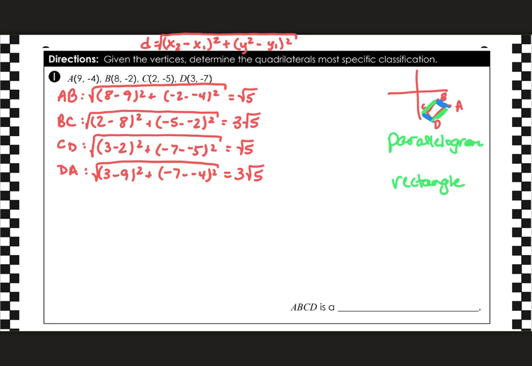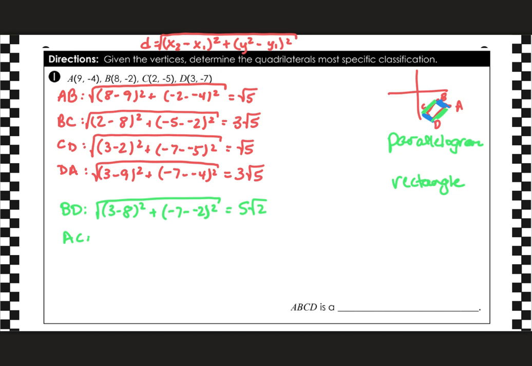So now I need to do BD. So B and D. I'm going to do 3 minus 8 squared plus negative 7 minus negative 2 squared. That gives me 5 square root of 2. And then my other diagonal is AC.